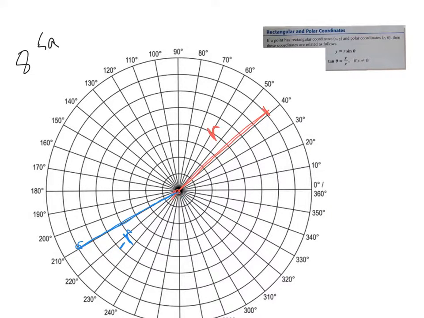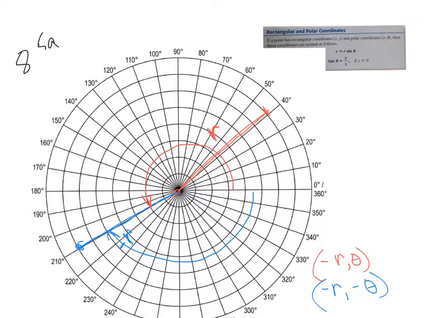So this point right here would be labeled negative r and then theta, whatever theta is from here all the way around to here. If I went from the 0 this way, it would be negative r, negative theta.